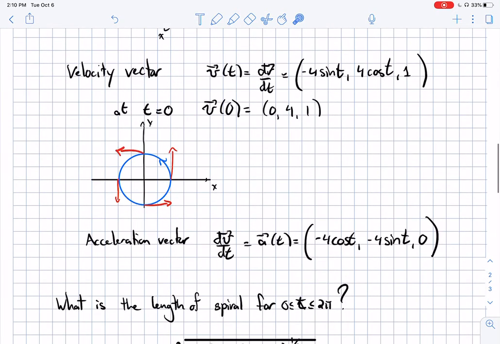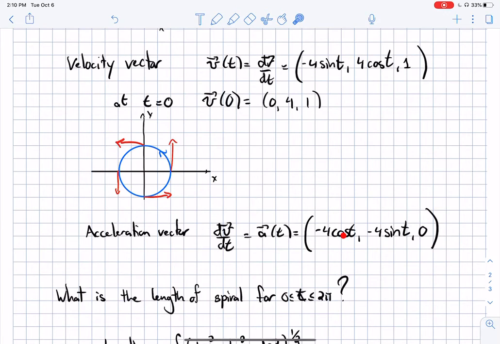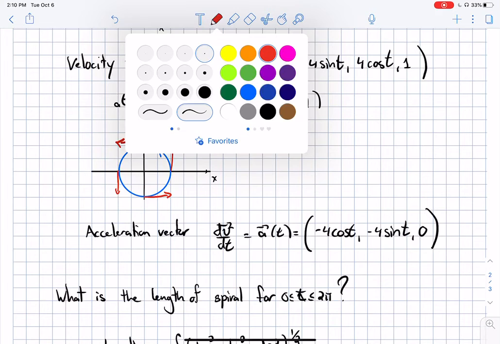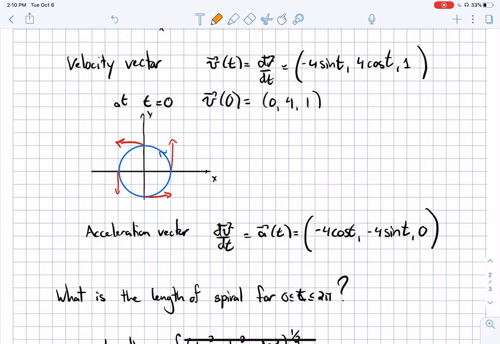Okay, and if you think about this, where does the vector point? Well, if I look at t equals 0, the acceleration vector will be minus 4, so it's pointing towards the center. At t equals pi over 2, I get minus 4 in the y direction.